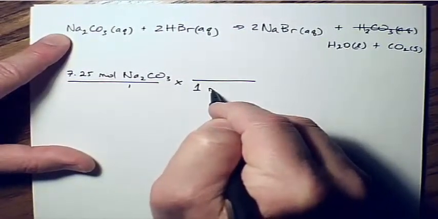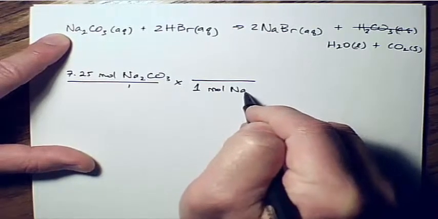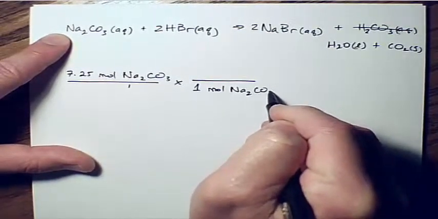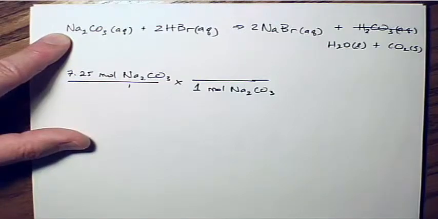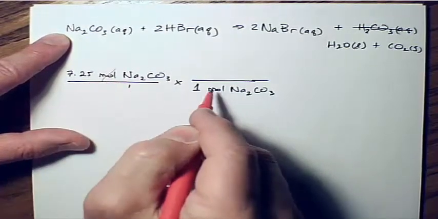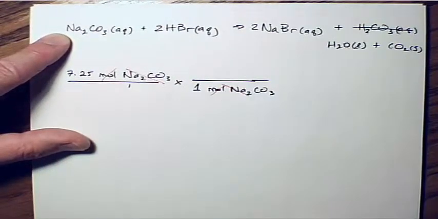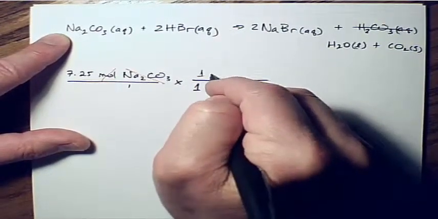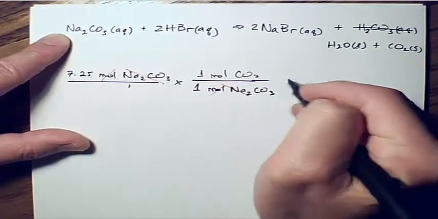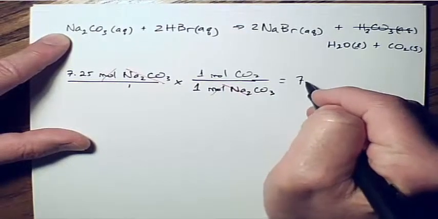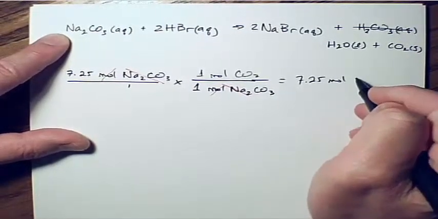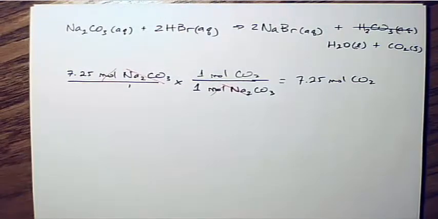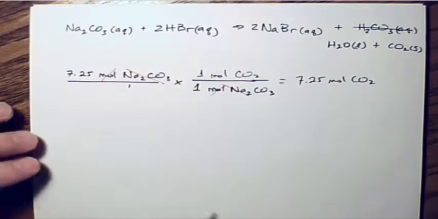So we're going to put 1 mole of sodium carbonate on the bottom, because that allows us to cancel moles of sodium carbonate. And on the top we're going to put the 1 mole of CO2, and that's going to give us 7.25 moles of carbon dioxide. Pretty simple once you get all the pieces together.